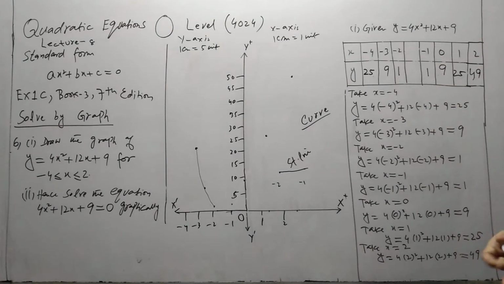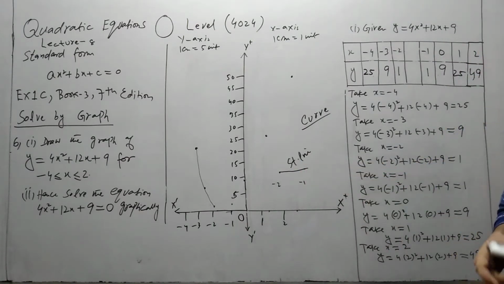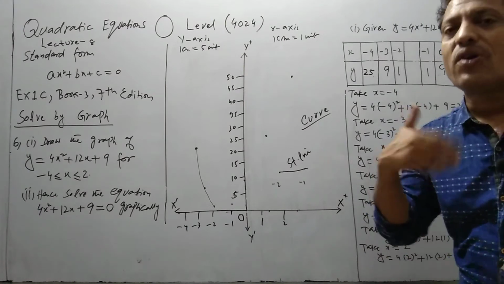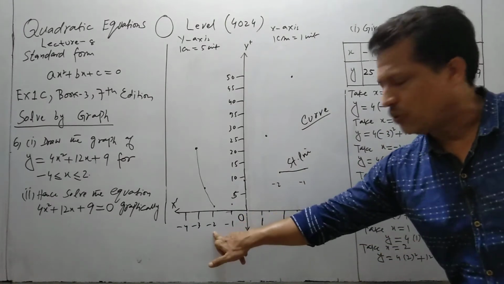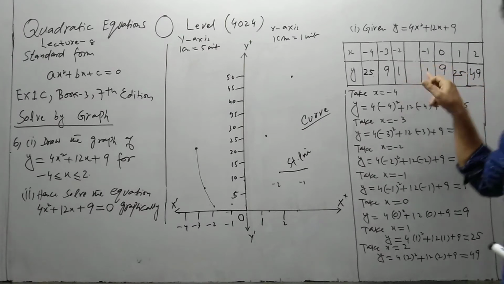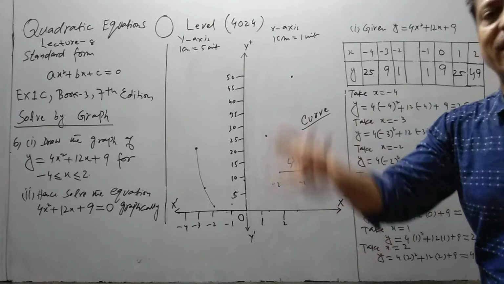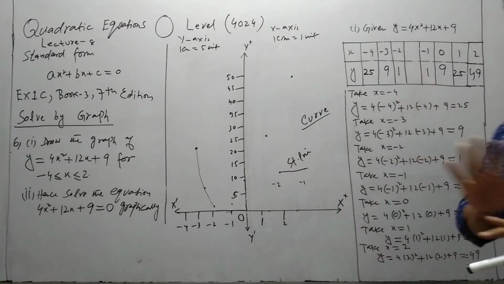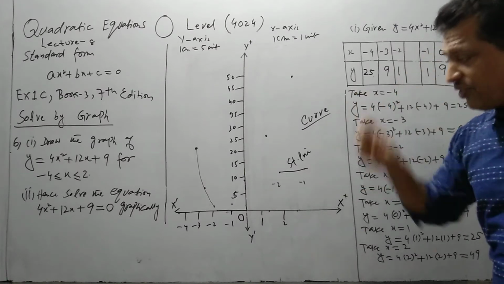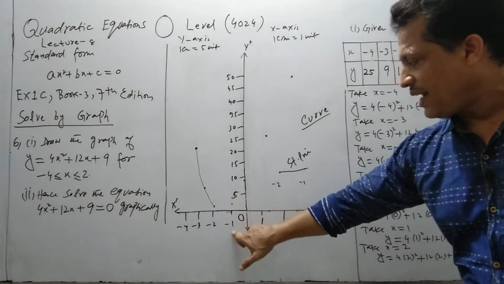In order to avoid drawing a straight line, we must take one more point between these two, because the values are the same. If the values are the same but not consecutive, there is no problem. But if the values are consecutive, we have to take one more point, like -2, 1 and -1, 1.